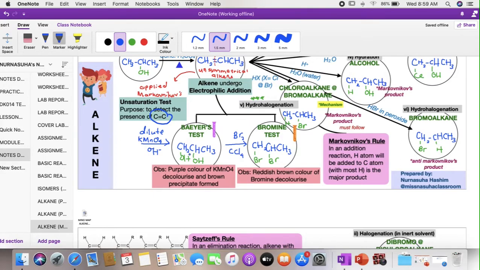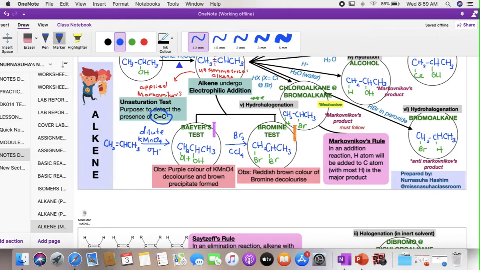So reagents for Bayer test adalah dilute KMnO4 in the presence of alkaline solution, OH minus ni adalah alkaline solution. So produk dia senang je, double bond putus. Tadi kan kita ada propene kan.